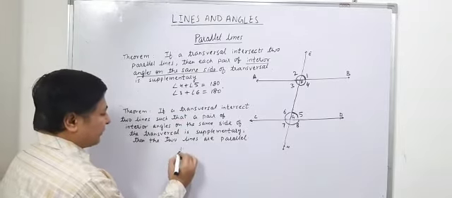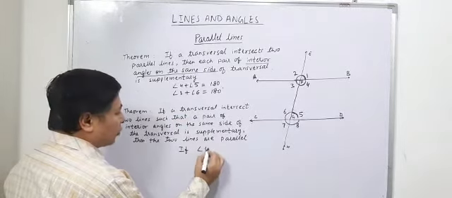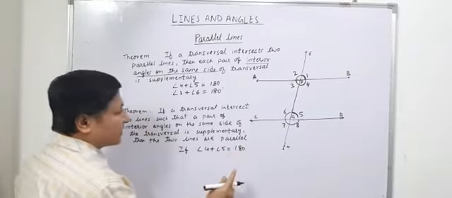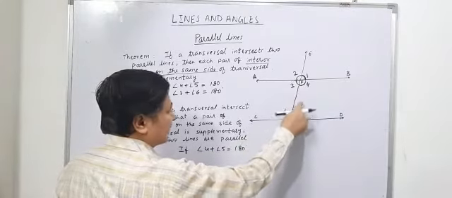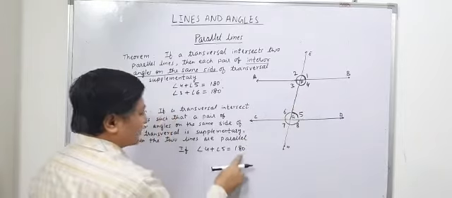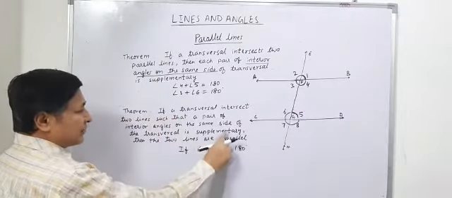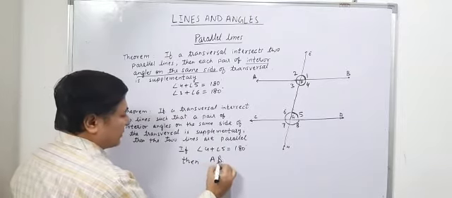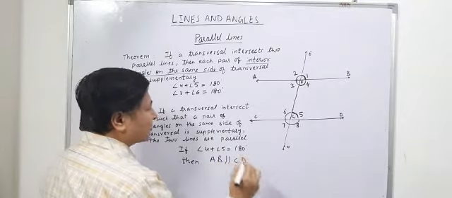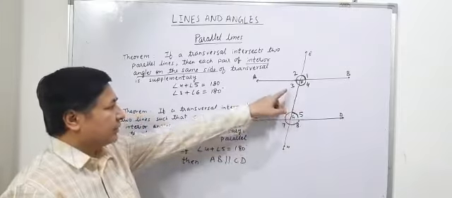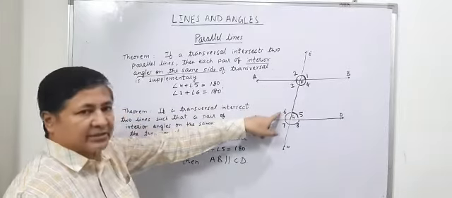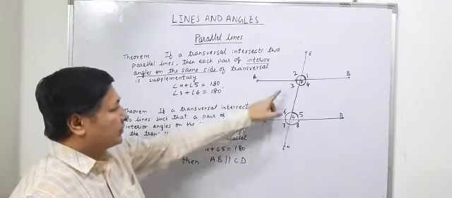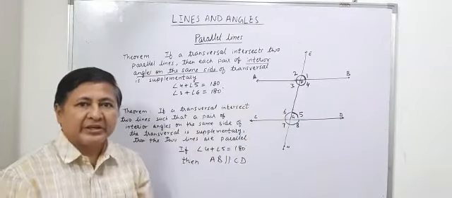That means if angle 4 plus angle 5 is 180 degrees, then AB will be parallel to CD. The same thing will happen here: if angle 3 plus angle 6 is also 180 degrees, then the lines will be parallel, and these are also known as co-interior angles.